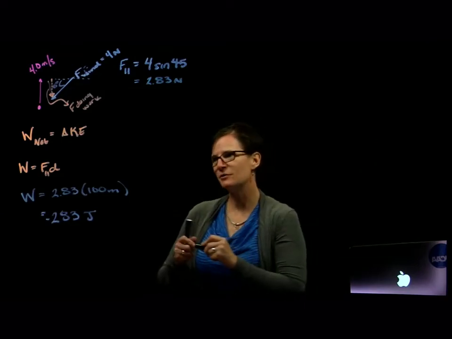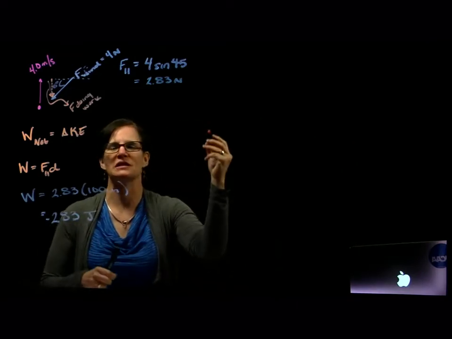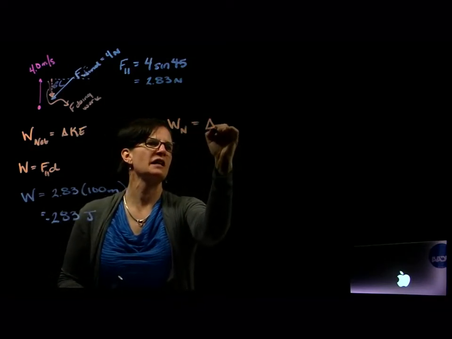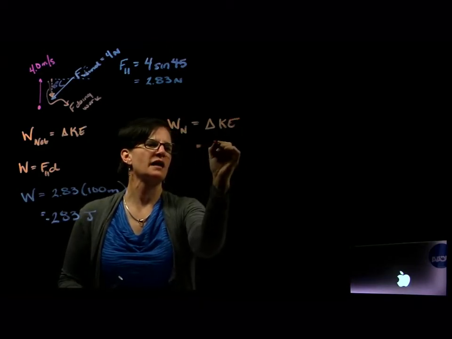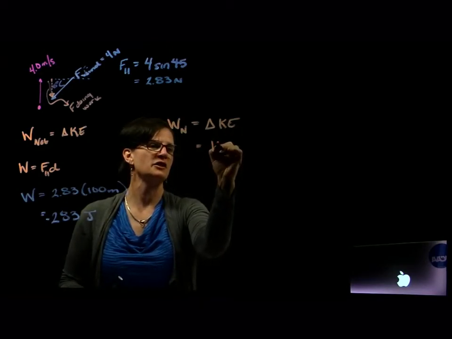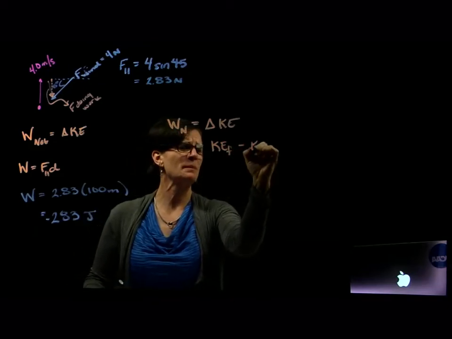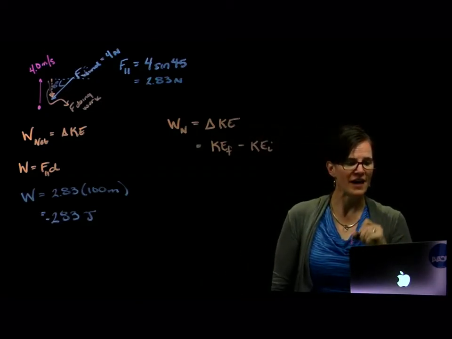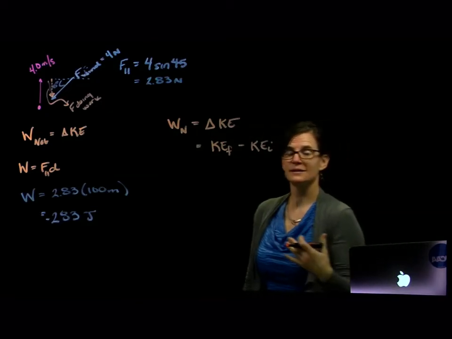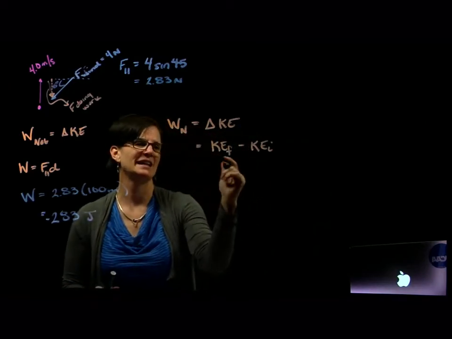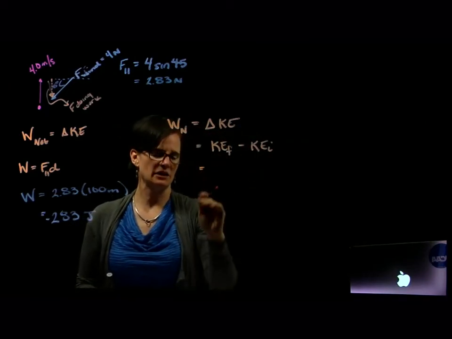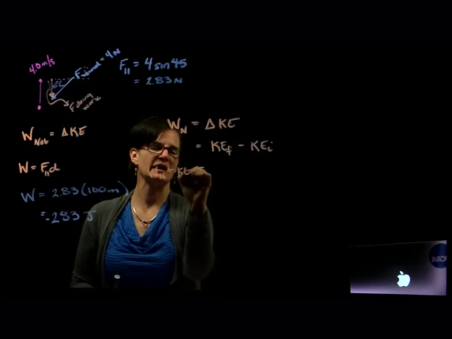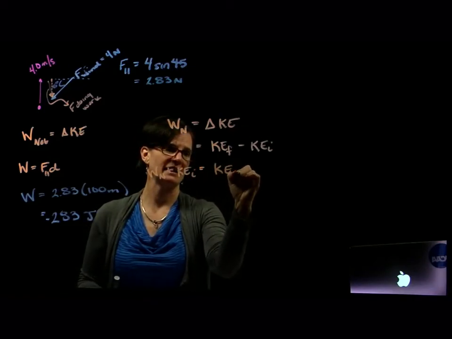Right, now using that information, we can look at the kinetic energy. So we have the net work, we said, was equal to the change in kinetic energy. So that's equal to the final kinetic energy minus the initial kinetic energy. We are interested in how fast the skater was going after gliding in that wind, so that's our final kinetic energy. So we bring the initial kinetic energy over to the other side. We have the work plus the initial kinetic energy is equal to our final kinetic energy.